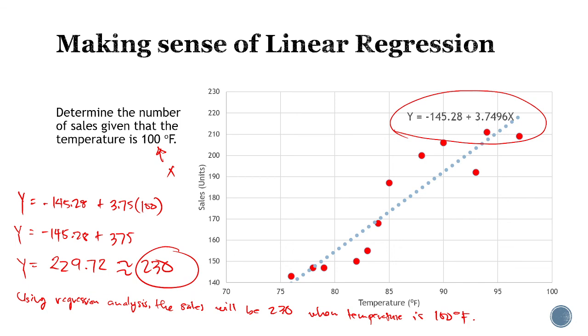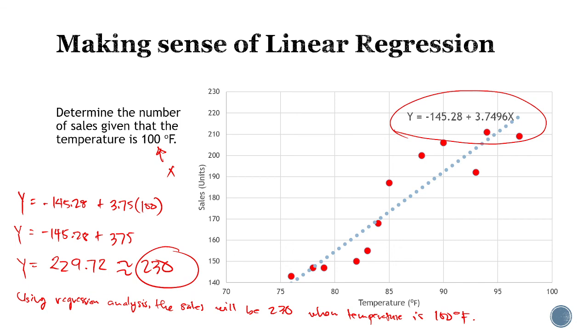Okay? So that is how we use or make sense of our regression analysis. O pag nakuha na natin yung trend line, or nakuha na natin yung ating equation for that trend line or yung ating linear equation from our linear regression, pwede na tayong mag-interpolate or extrapolate ng data.